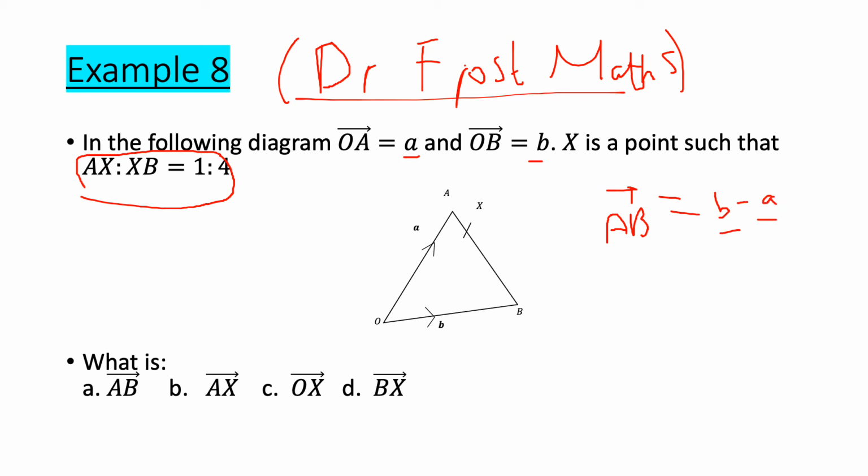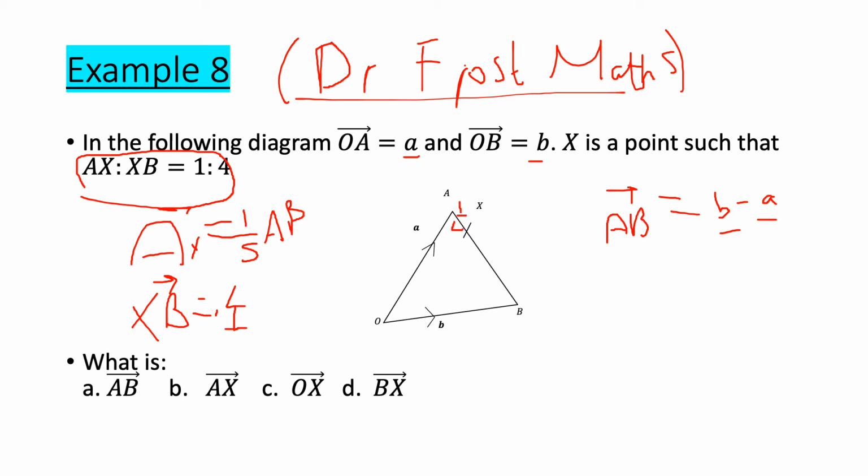Now AX is a fraction, so AX is 1/5 of AB, based on the ratio, and XB is equal to 4/5 of AB. These numbers just come from the ratio. There's 1 part to 4 parts, so this is going to be 1/5, sorry, I've got to be careful, and 4/5.